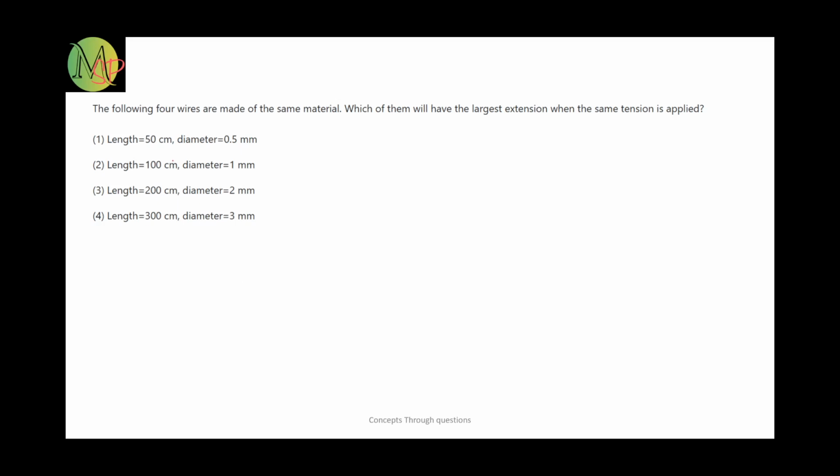The length and diameter of each wire is given. So among these 4 wires, which one is going to show more extension? More extension means more delta L. Delta L, as I told you, is P L divided by A E. So here length and diameter are given, so it is proportional to length, and the area is pi by 4 d square, so it is proportional to L divided by d square.